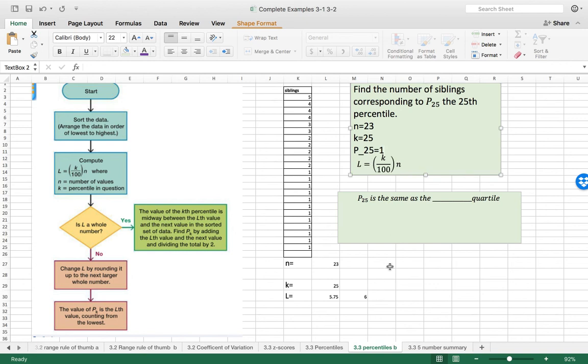Okay, so that is how you can find the percentile of a certain data value.